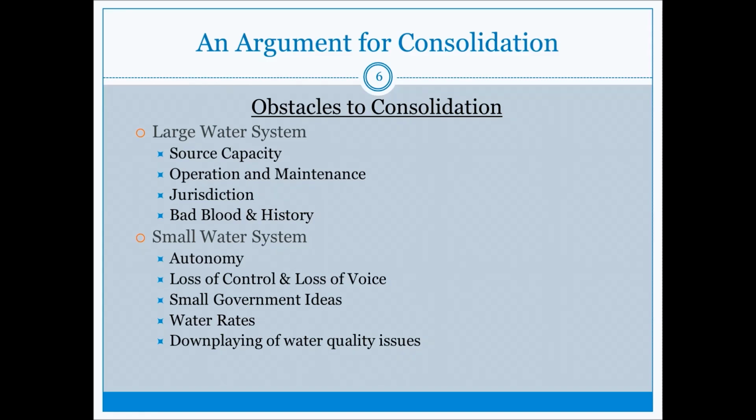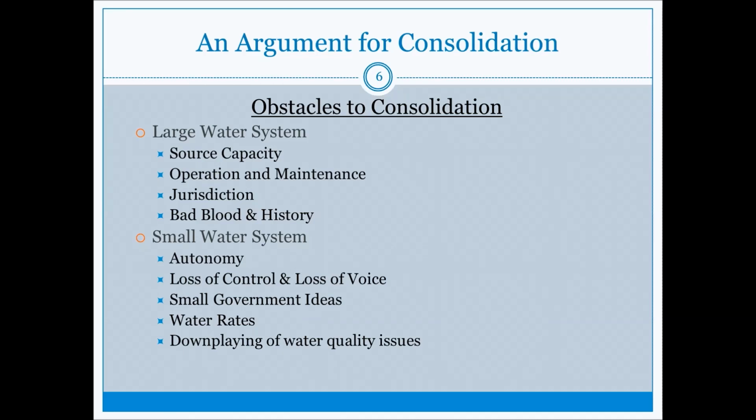Jurisdiction: simply that if a large water system is going to serve customers outside of, I'm going to say, city limits, the city staff may not enjoy the same rights and authorities outside of city limits. I'll get into a few examples a little bit later.